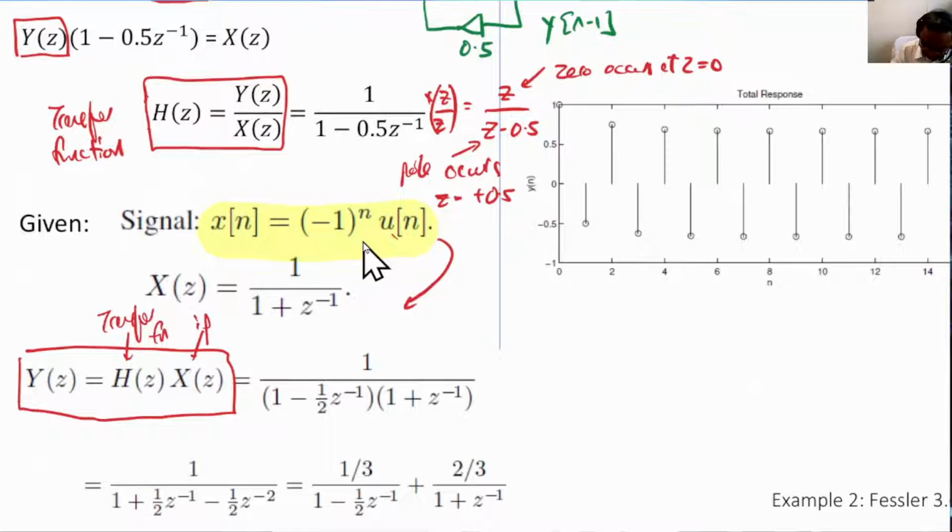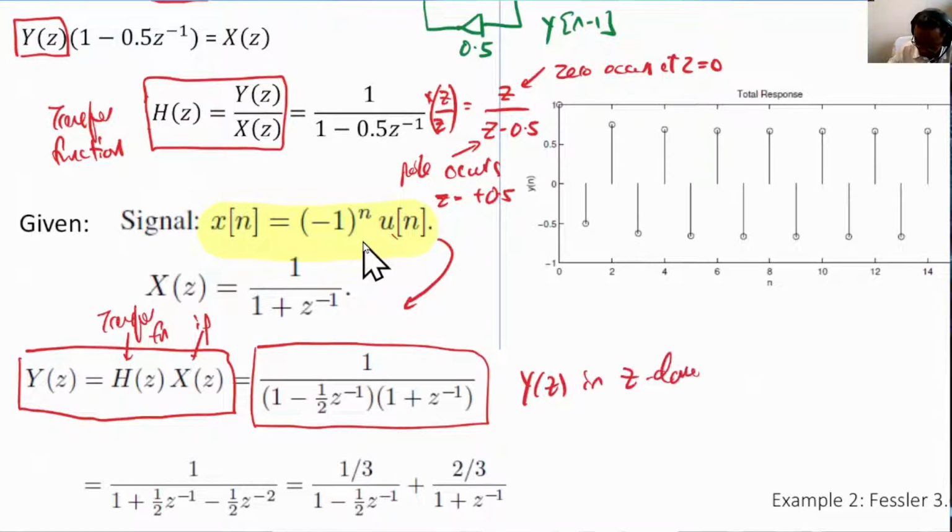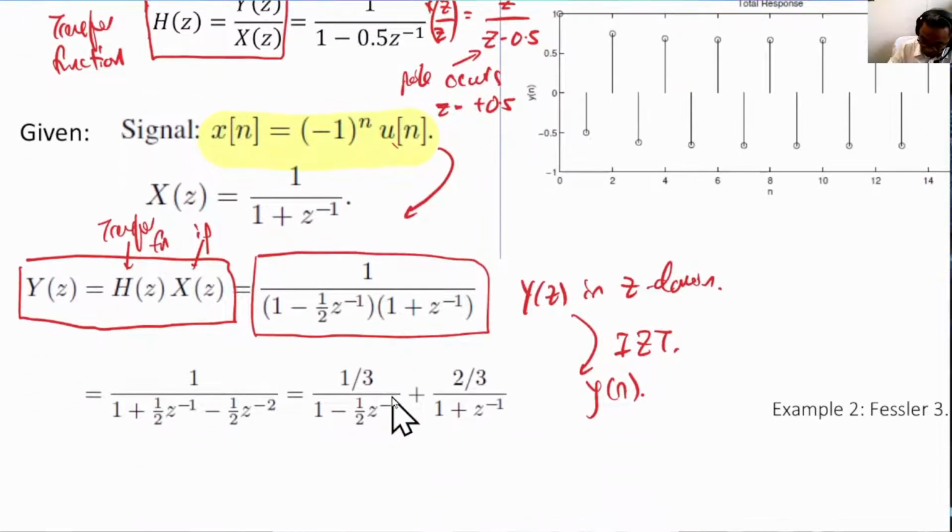And then what we get is simply this equation over here. So we now have Y(z) in the Z domain. So what we really need to do is to take the inverse Z-Transform to get y[n]. But you know that we do not have this representation. What we need to do is, by partial fraction, convert this into small parts like this, which have a lookup table.